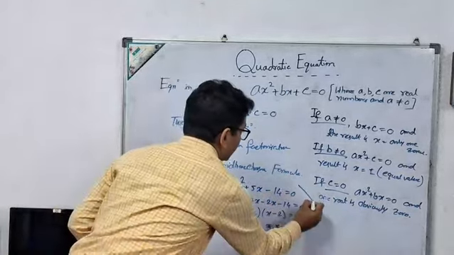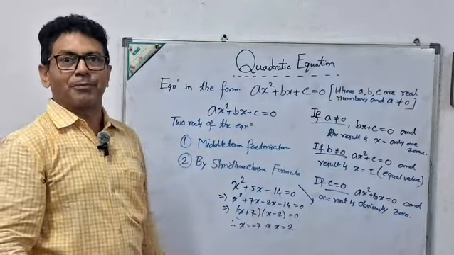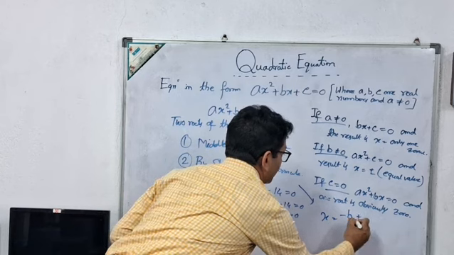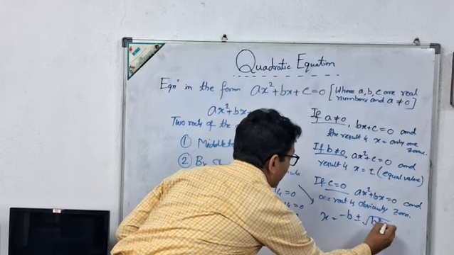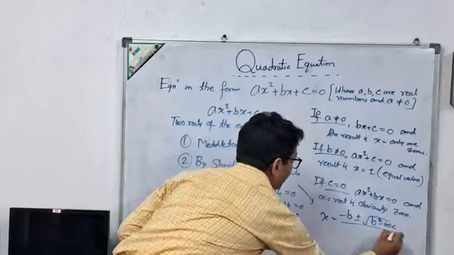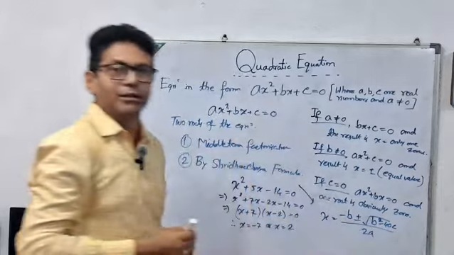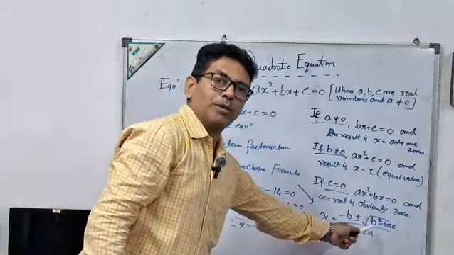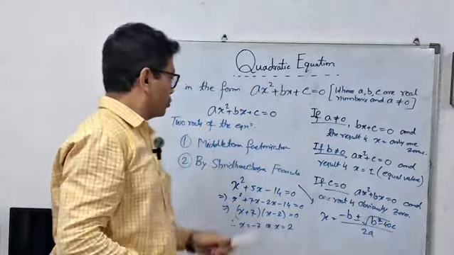But if we apply the Sridharacharya formula, it says that x is equal to minus b plus minus under root b square minus 4ac, by 2a. Look here, the formula is x is equal to minus b plus minus under root b square minus 4ac, by 2a. So it is very important.